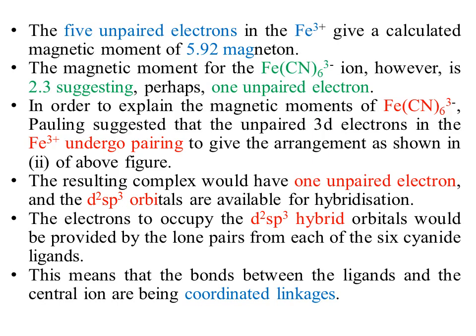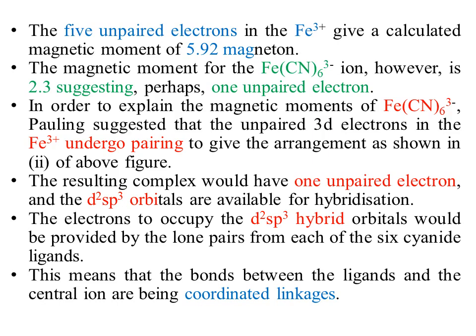In order to explain the magnetic moment of hexacyanoferrate, Pauling suggested that the three unpaired 3d electrons in iron plus 3 undergo a pairing to give the arrangement as shown in equation number 2 in the previous slide.